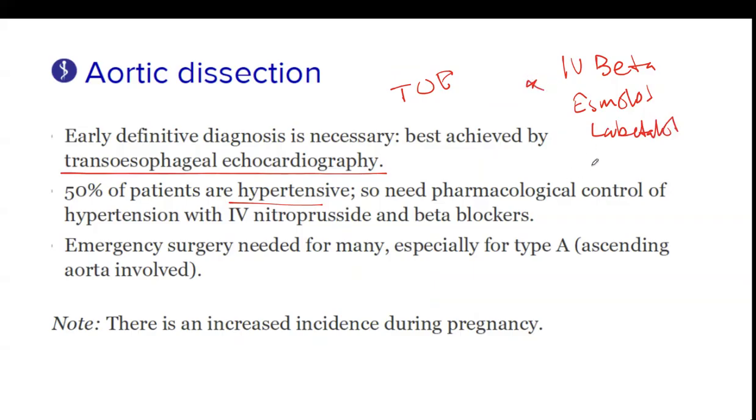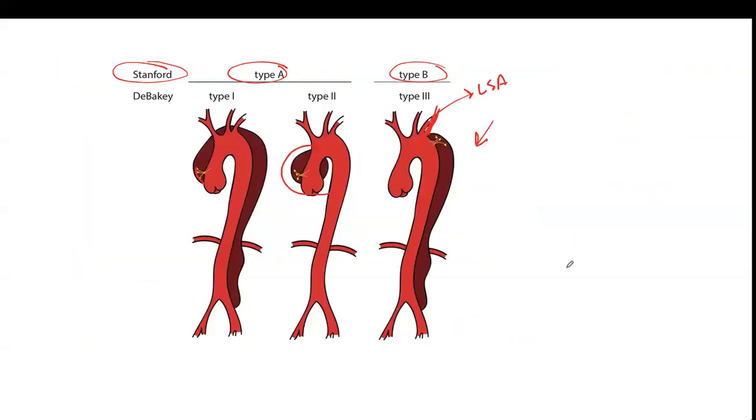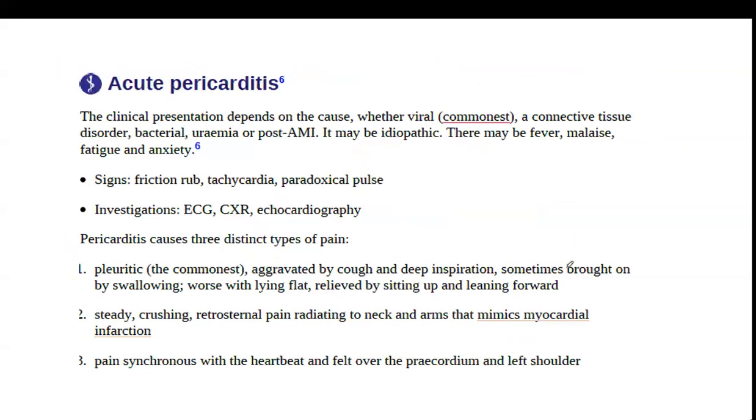If even after giving the IV beta blocker, blood pressure is still high, then you go for IV nitroprusside. So for type A, emergency surgery. For type B, you start with the antihypertensive, but IV antihypertensive. And which one first? IV beta blockers. Comes in exam a lot, okay?